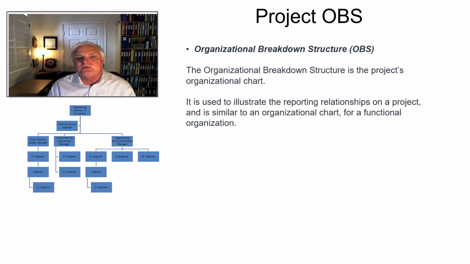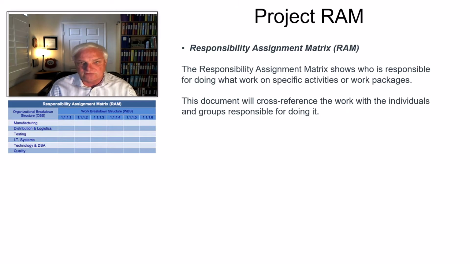It's similar to a top-down structure to illustrate reporting relationships on a project, and it's similar to an org chart. You've got one person or one organization at the top that controls these, which control these, and those flow down. This is very common in what we refer to as a functional organization. So that's referred to as the project OBS, organizational breakdown structure.